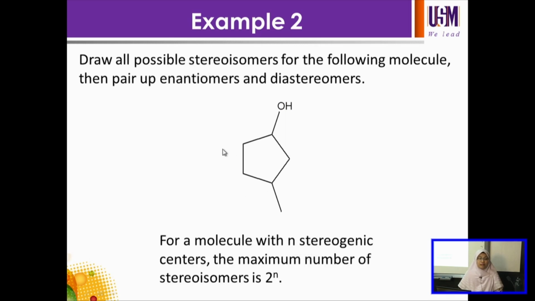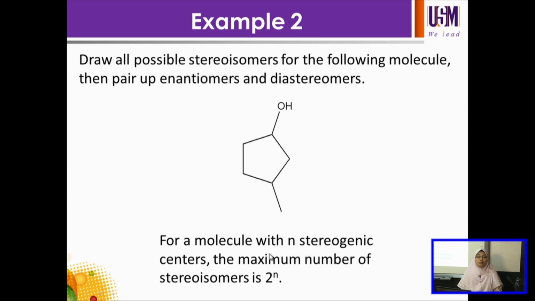To determine the number of possible stereoisomers, for a molecule with n stereogenic centers, in this case we have 2 stereogenic centers at this carbon and also at this carbon. So this is carbon 1 and this is carbon 2.